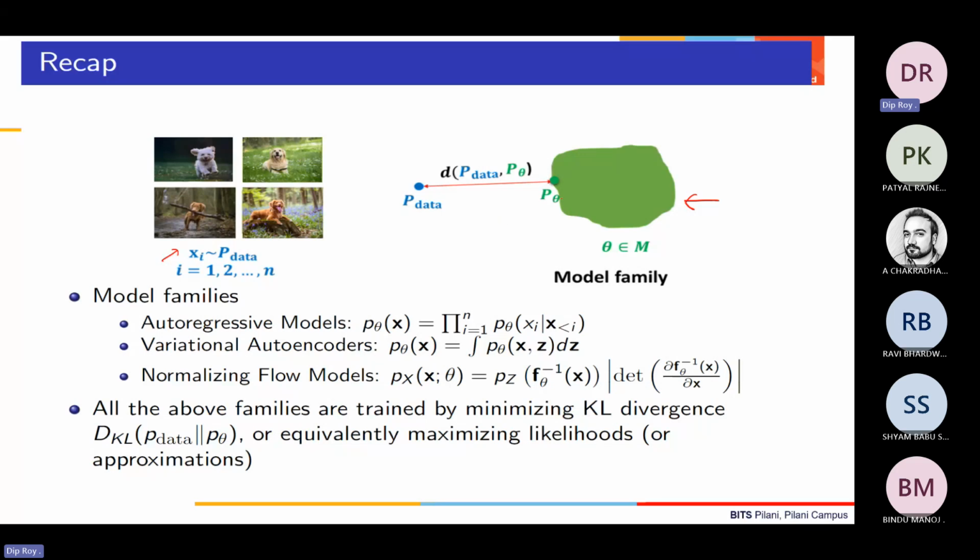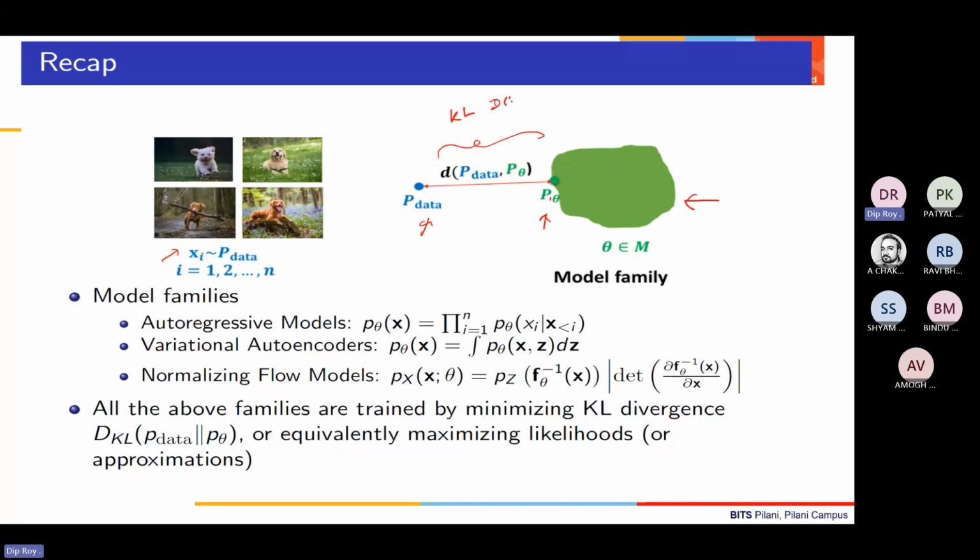We optimize the neural network to come up with a probability distribution as close as possible to P data. There are various techniques for this, and one of the key techniques that we saw is KL divergence.